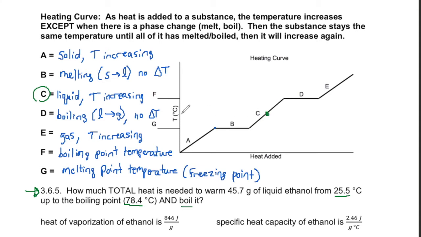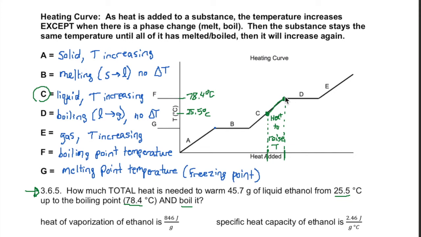So here we are starting at 25.5 degrees Celsius, and we have to bring it up to this temperature. The boiling point of ethanol is 78.4 degrees Celsius. So we want to add this much heat to bring it up to the boiling point. So this is heat to raise the temperature. This is how much heat is needed to do that step.